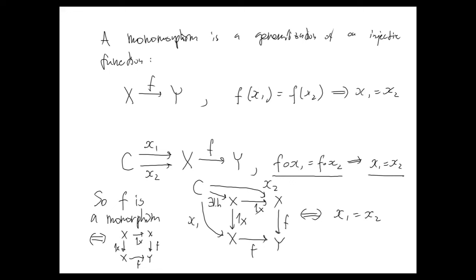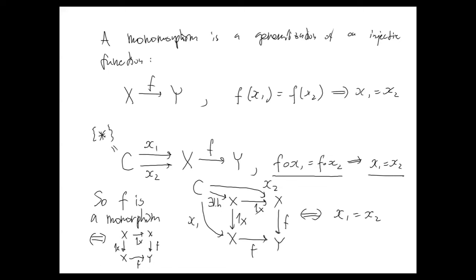But now, why is a monomorphism in the category of sets the same as an injective function? In the category of sets, we do know that this is the definition of an injective function, but we've adapted this definition slightly here, right? We're now no longer requiring that to hold for the case when C is a singleton.